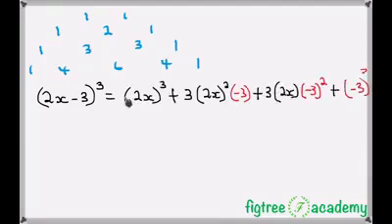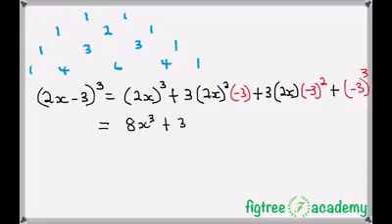Then I will start with the first term as it reduces from the left to the right, (2x) cubed plus 3, which is the coefficient, (2x) squared, the power is reducing, and the last term is now increasing, minus 3 to the power 1, plus 3, which is this coefficient, 2x, the power is reduced by 1. Then the last term here, the power is increasing, minus 3 squared plus minus 3 cubed.